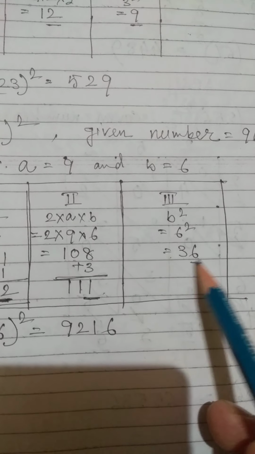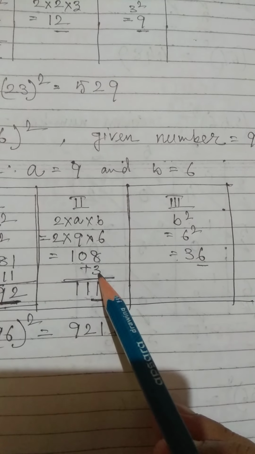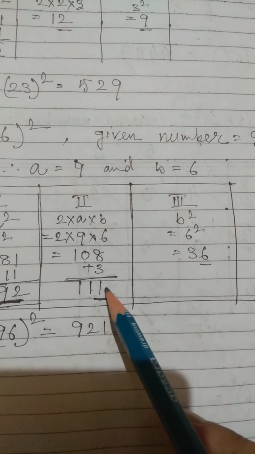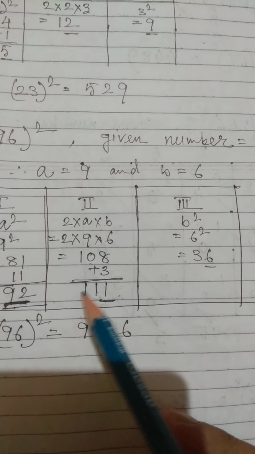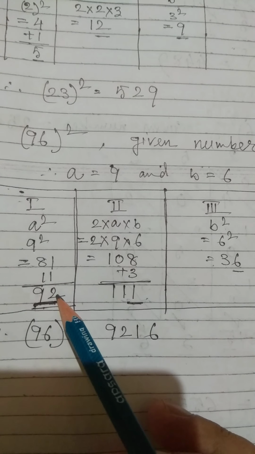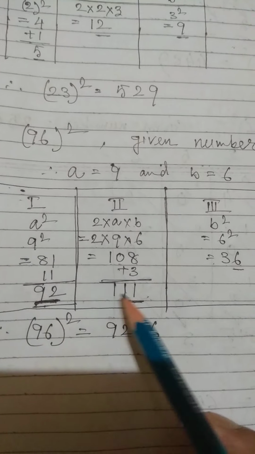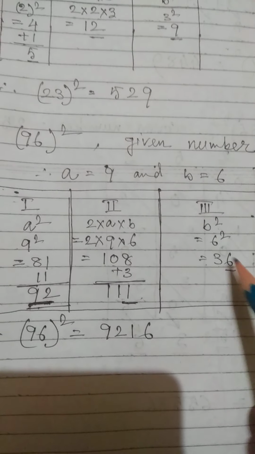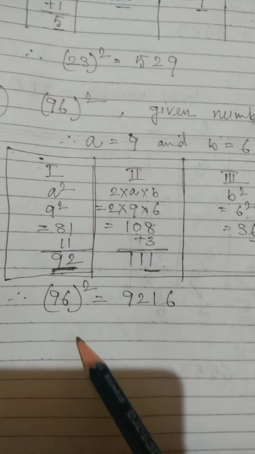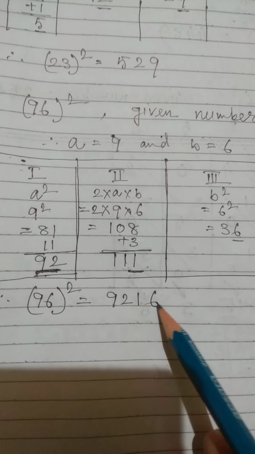From here taking only 6, carry 3, and 108 plus 3, 111, taking only 1 from here and carry 11. So 81 plus 11 equal to 92, taking both the two digits, that is 9216. So 96 square equal to 9216.